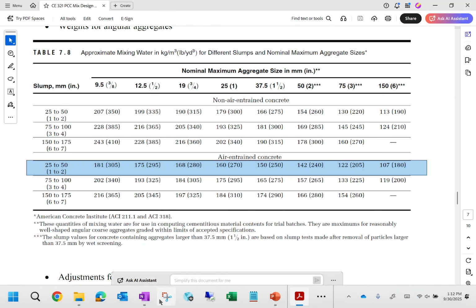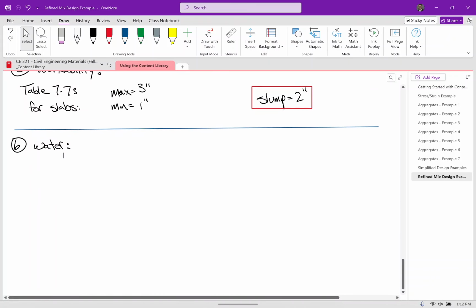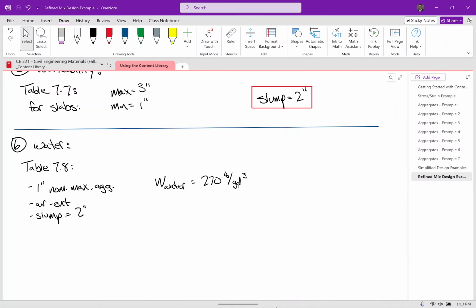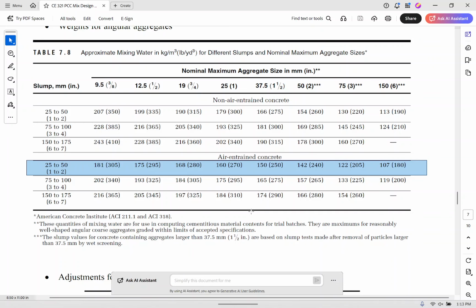So we'll say, table 7-8, again, that nominal max aggregate you use all the time. So we'll say that the weight of the water was 270. But I've got to correct that.